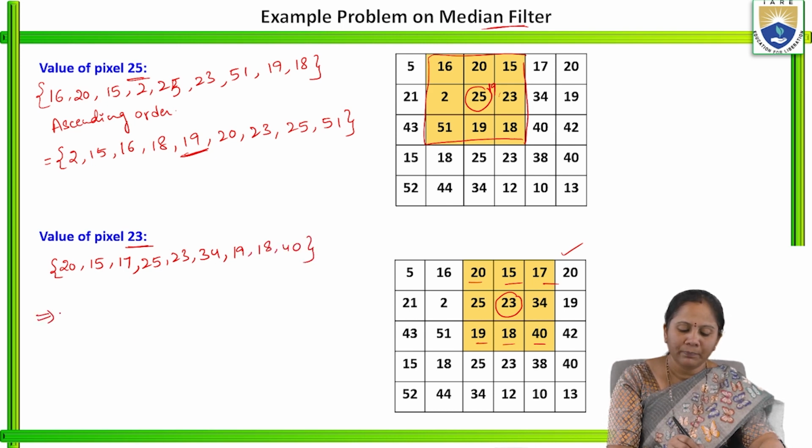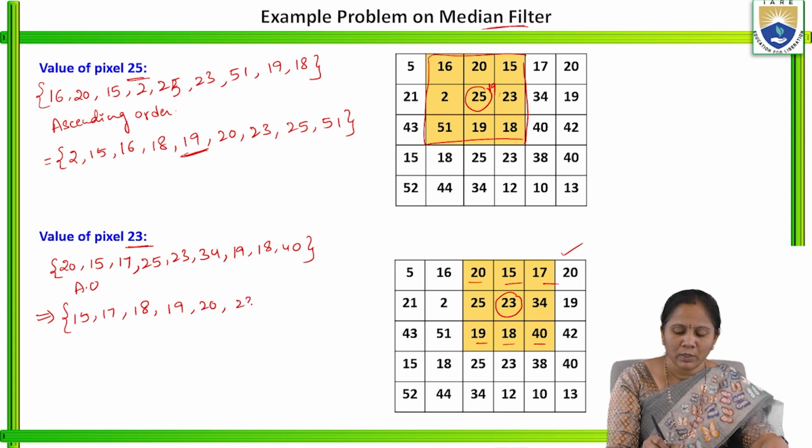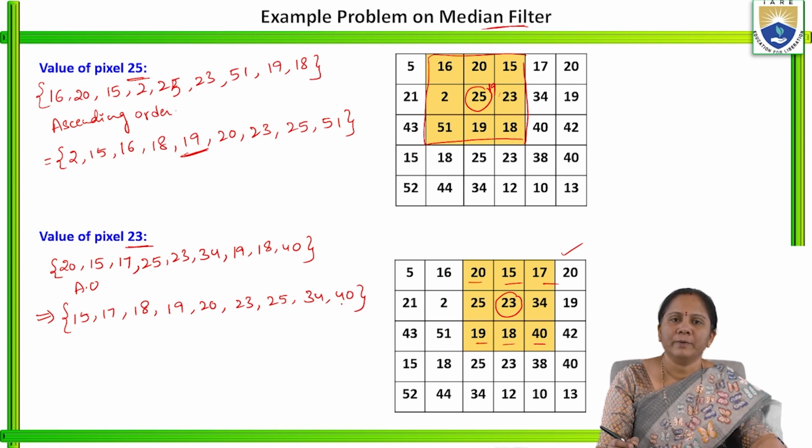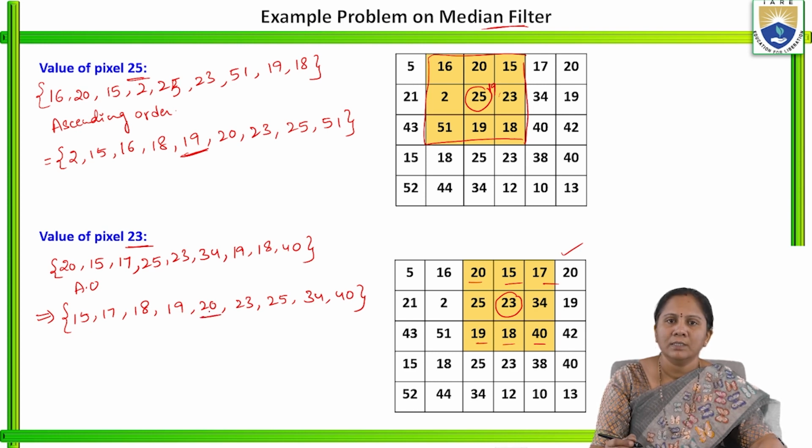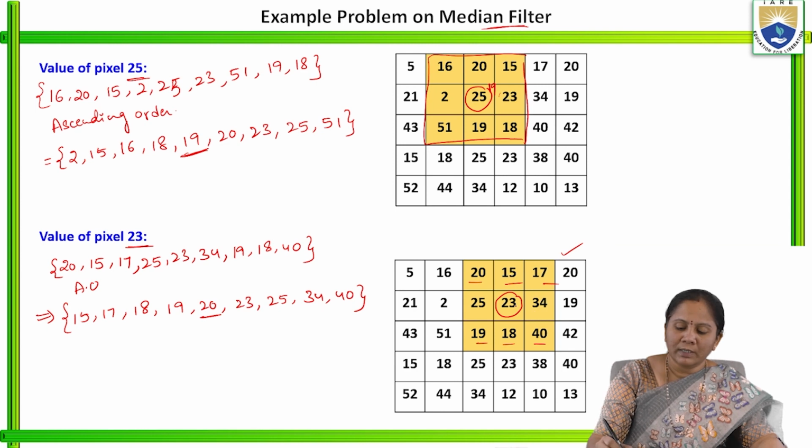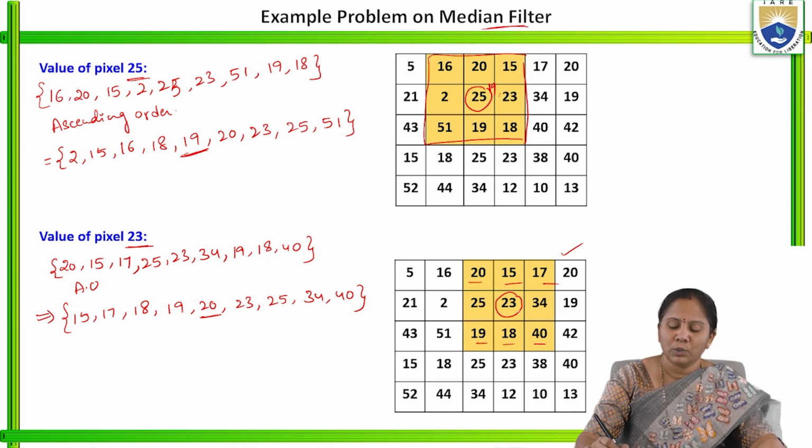We have to arrange them in ascending order. If we arrange, we will get 15, 17, 18, 19, 20, 23, 25, 34, 40. So all the pixels are arranged in ascending order. In this, 20 is the center value, so instead of this 23, we will replace it with the new pixel value 20.